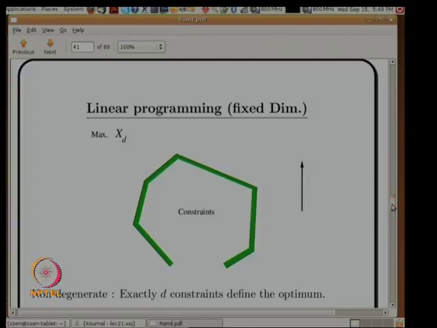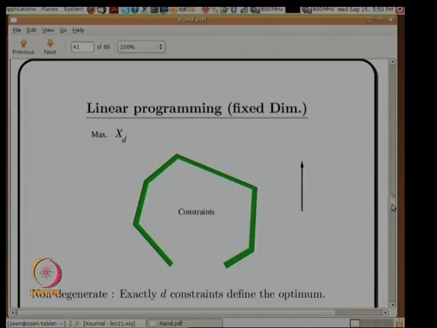Your constraints are basically inequalities, hyperplanes, which define the half spaces. The half spaces basically are the constraints.